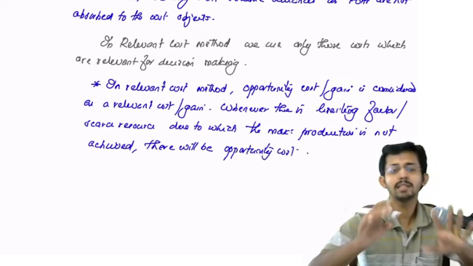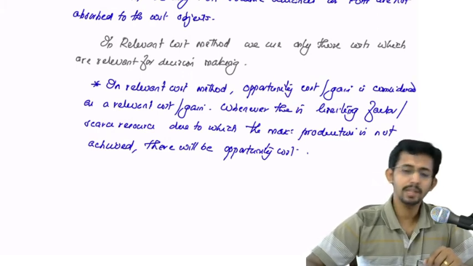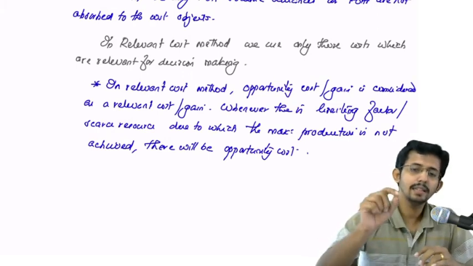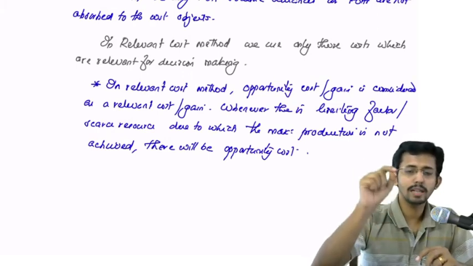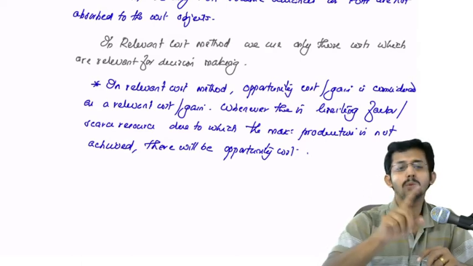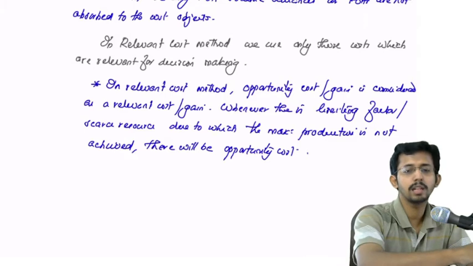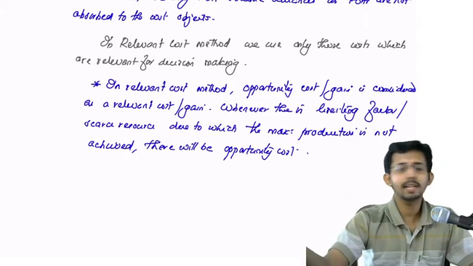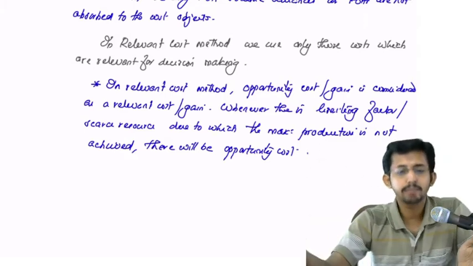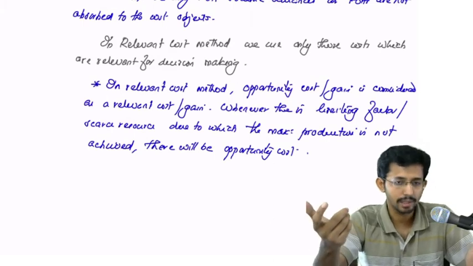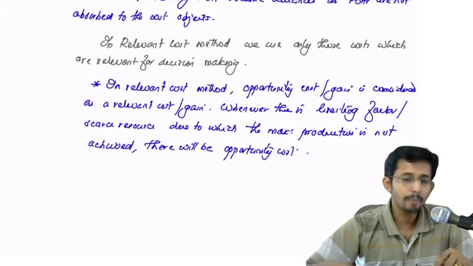There is limited supply, a limiting factor. Whenever there is a limiting factor, any use or consumption of it will have opportunity cost. Because if you are not using that limiting factor for this particular purpose, it can be employed somewhere else, or used for producing something else. So there is opportunity cost.